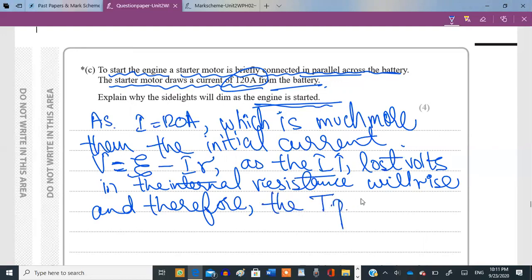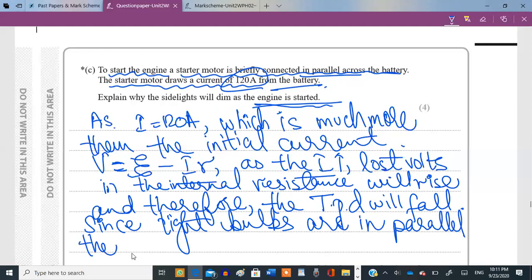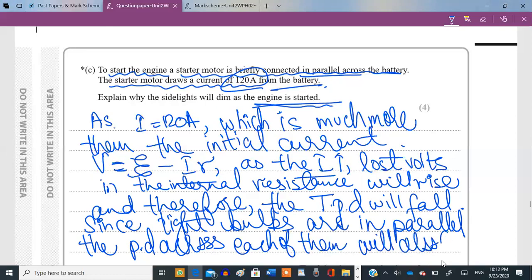Terminal PD will fall. Since the light bulbs are connected in parallel, the potential difference across each one of them will fall. Therefore they'll become dimmer.